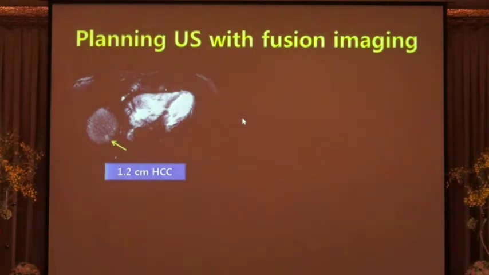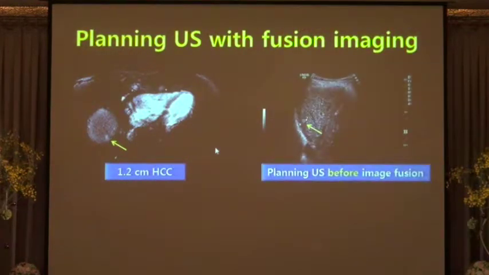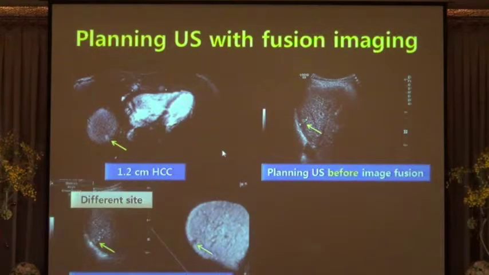Let me show you some representative cases. In this example, you can see a small HCC in the liver dome. On plain ultrasound before image fusion, a small hyperechoic nodule was identified and it was considered the HCC detected on MR. However, after image fusion, the index tumor was located at a different site.